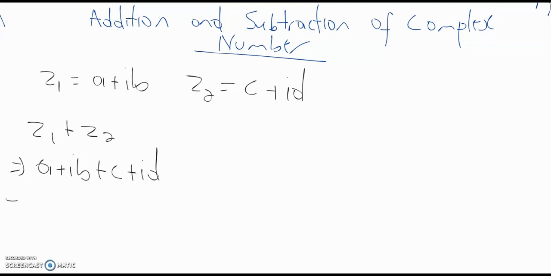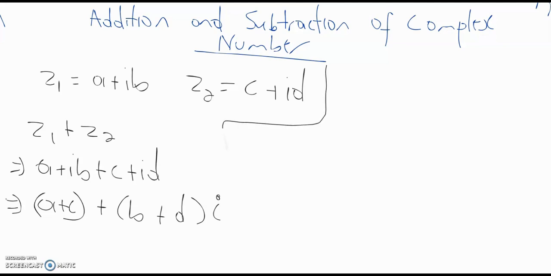So in this part, my real parts are a and c. So I would have a plus c, plus my imaginary part, ib and id. And of course, since we have i in common, we can factor that out. So we have b plus d, and we have the i there. So clearly, my imaginary part is b plus d, and my real part is a plus c.